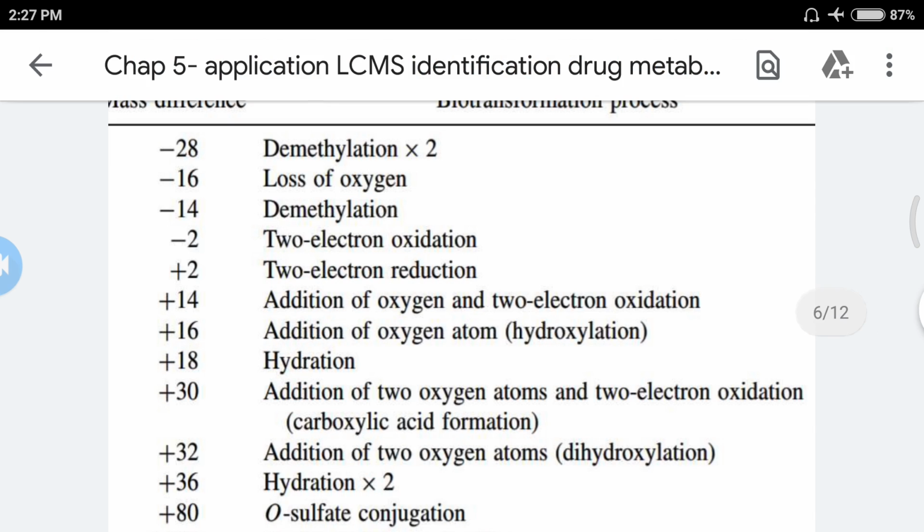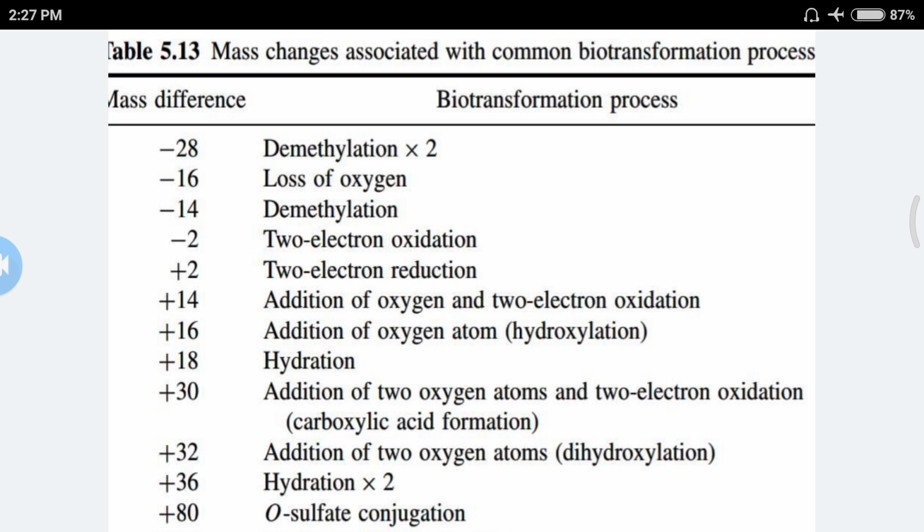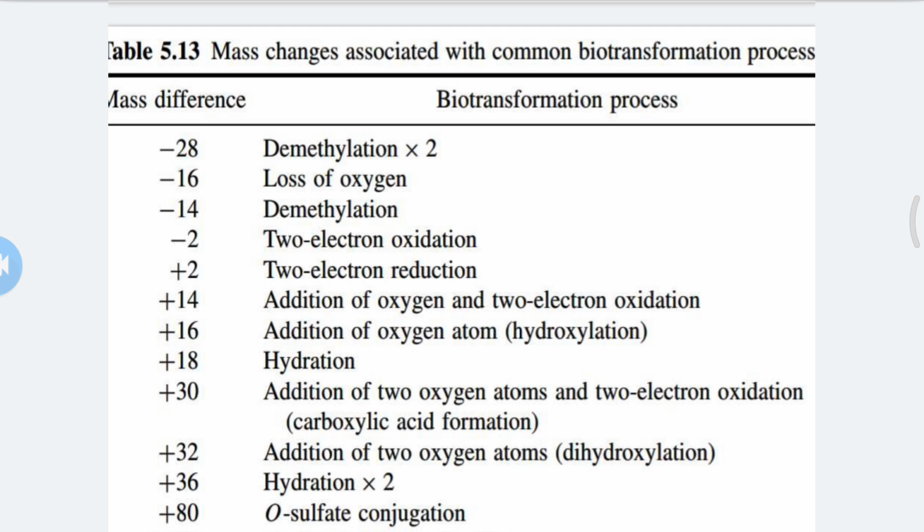Okay, so this biotransformation process can be followed using this table of mass changes associated with common biotransformation processes. Reconstructed ion chromatograms, that is RICs, can be made for the mass to charge value with molecular weight, and LCMS data is obtained.